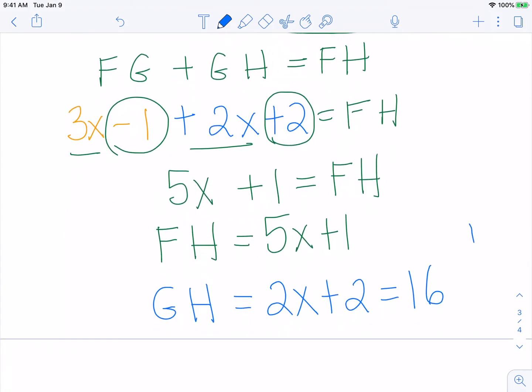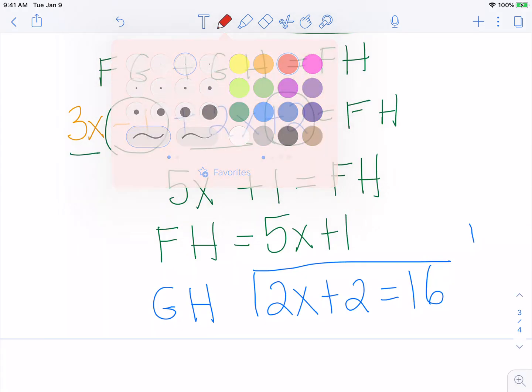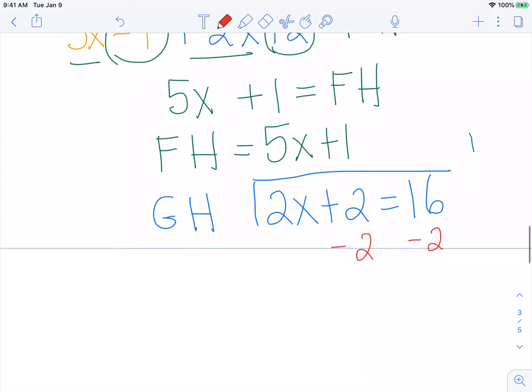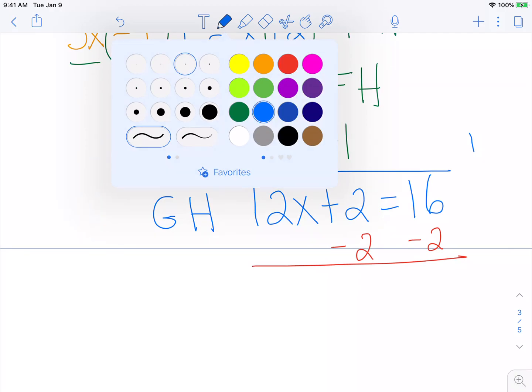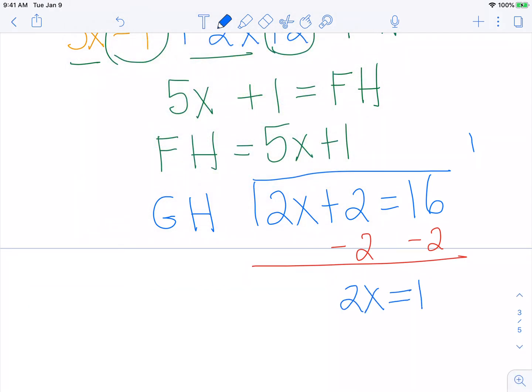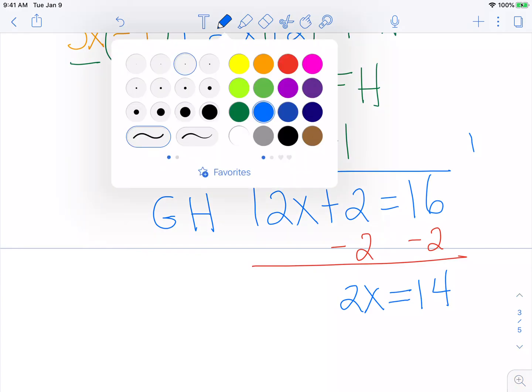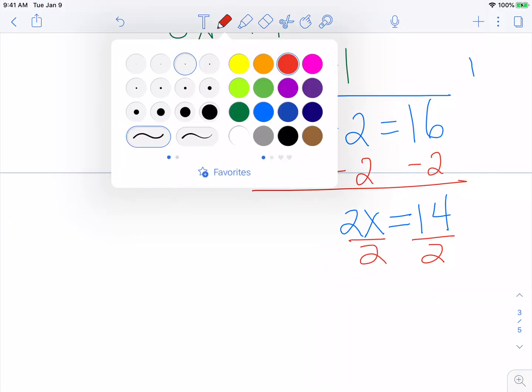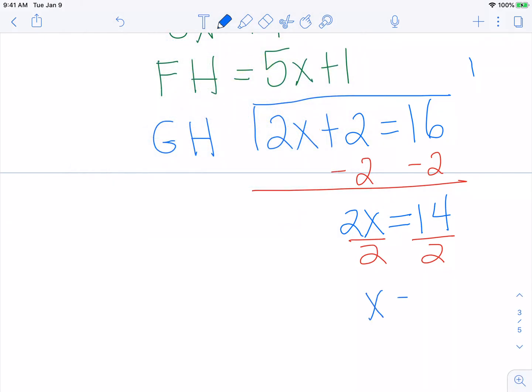So if I just focus on this part right here, I can solve for x. So I'm just going to erase that for a second so it's not really confusing. So to solve for x, remember we have to get x by itself. So I'm going to subtract 2 from both sides. So we get 2x equals 14. And then I'll have to divide both sides by 2. So then my variable x equals 7.